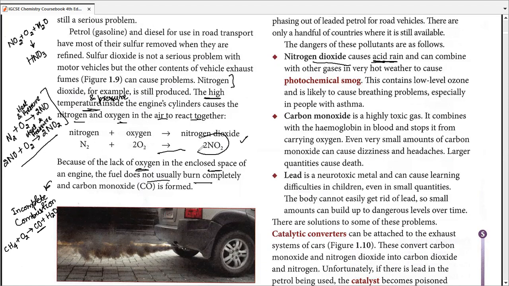So NO2 is a problem, and the problem of NO2 is mentioned over here. Carbon monoxide is a problem, and the problem with carbon monoxide is mentioned over here. Now, carbon monoxide is a highly toxic gas. It combines with hemoglobin in the blood and stops it from carrying oxygen because it makes a very strong bond with hemoglobin. I am hopeful that you are familiar with the word hemoglobin.